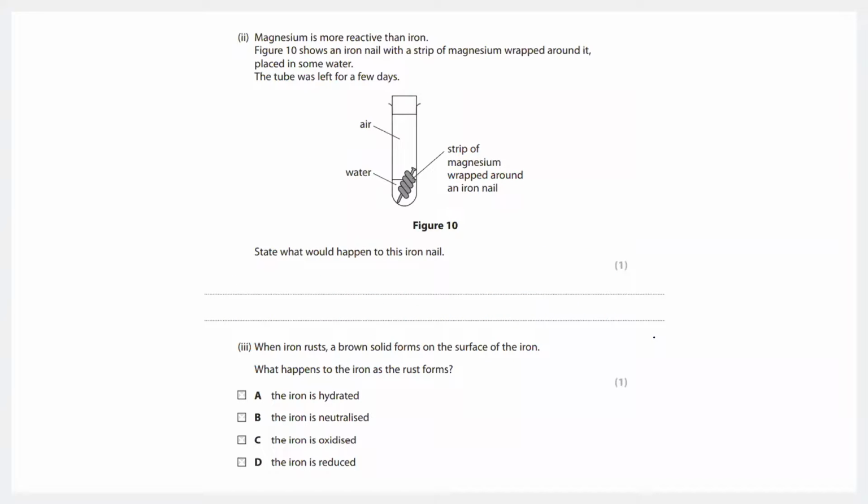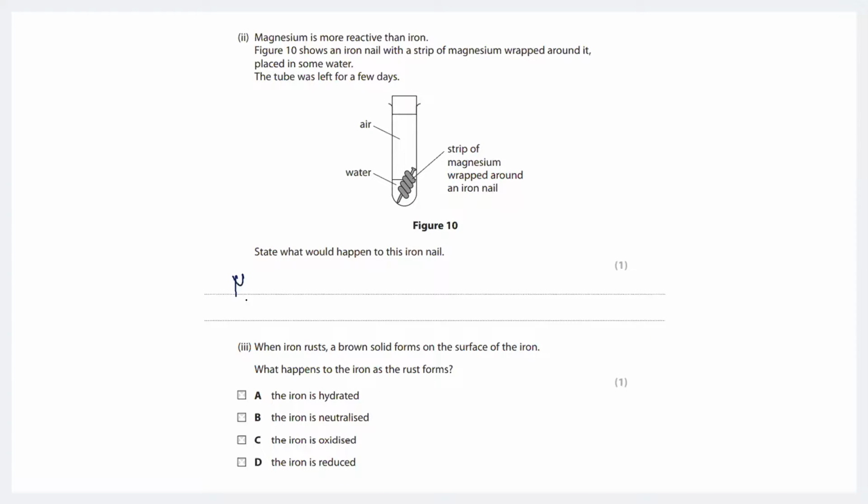Magnesium is more reactive than iron. Figure 10 shows an iron nail with a strip of magnesium wrapped around it, placed in some water. The tube was left for a few days. State what would happen to this iron nail. So magnesium is more reactive.